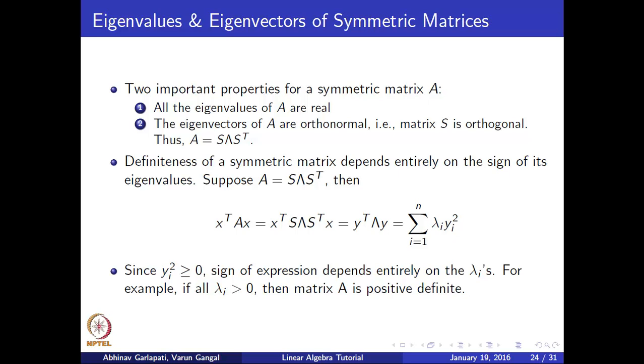This further simplifies to the sum over i of lambda i yi square. Now, for a matrix to be positive definite, this term must always be positive. Since yi square is always greater than 0 anyway, the sign of this term depends on the eigenvalues. If all the eigenvalues are positive, the matrix is positive definite.